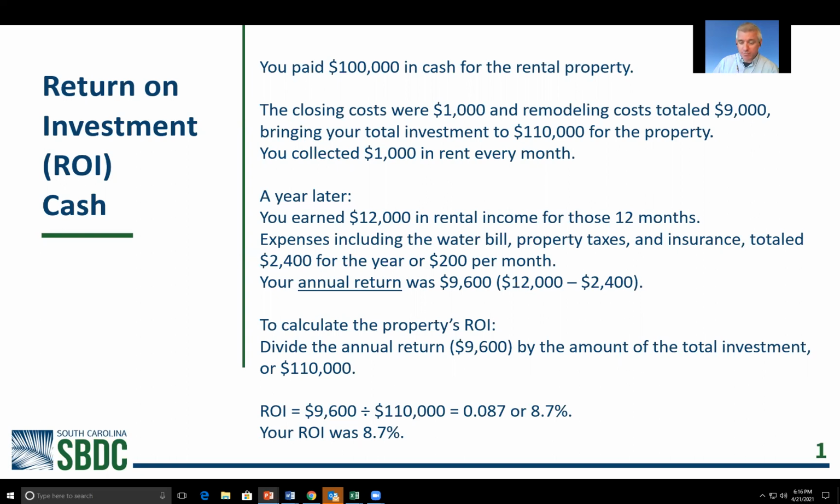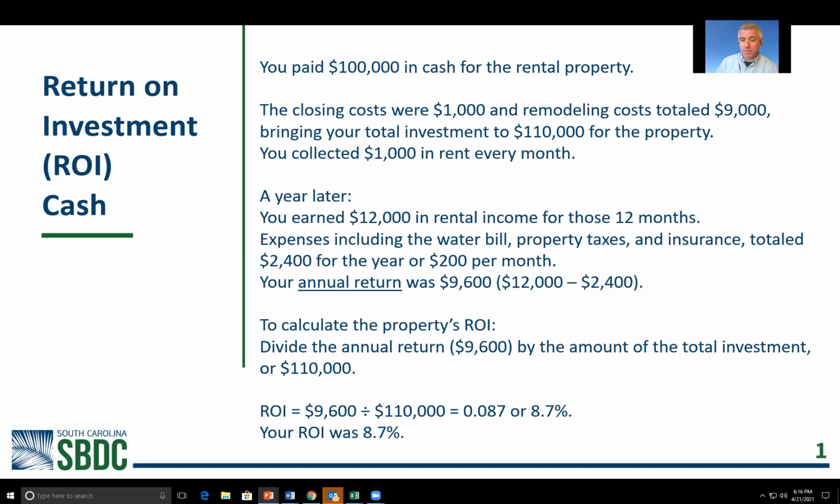So a year later, you rented this place. Every month, miraculously, you've got $1,000, and so you earn $12,000 in rental income for those 12 months. And then you had other expenses, which might include water bills, property taxes, insurance, different for every property. You'd have to look at the property individually.